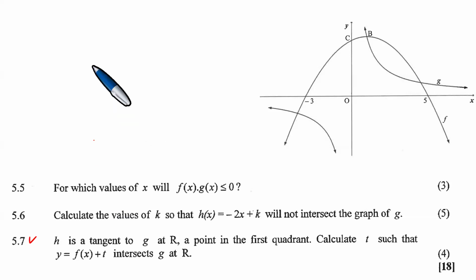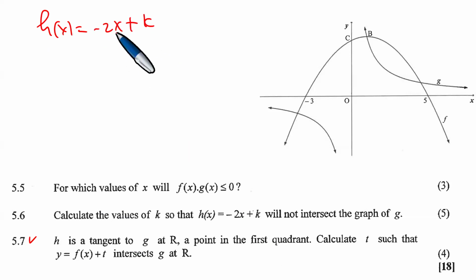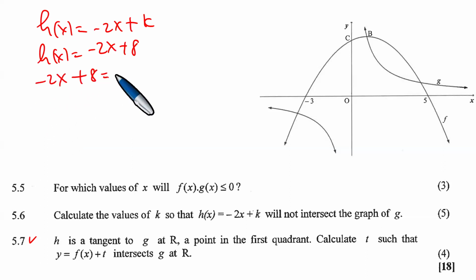We are looking at the fact that h is a tangent to the graph of g. Now we know that h in the first question is -2x plus k. At this point we have already got the k, and it's -2x plus 8, which is equal to 8 over x.